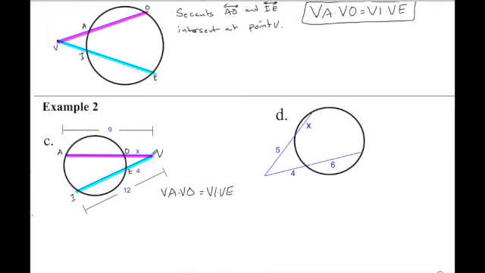So I have VA. So VA is all the way from A to V. And in my diagram, it's showing that that's 9 units all the way from A to V. So that's 9. VO, in my diagram, that's showing as X. VI is showing as 12. And VE is showing as 4. And that's basically the setup. Go ahead and solve.